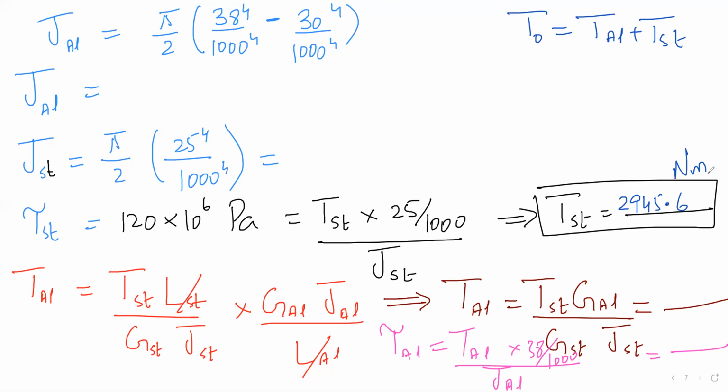What's wrong with yours then? It's 2945. Now, did you get 2945.6 for torque of steel? What did you get? 2945 for torque of steel.